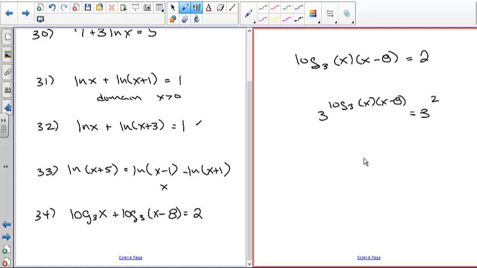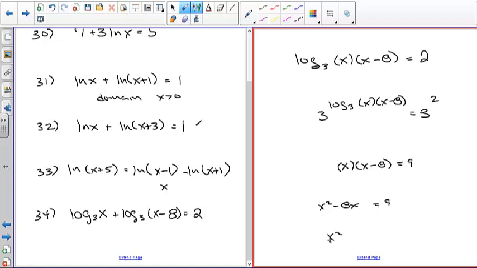So these become the exponents. The base of the exponent has to be the same as the base of the logarithm. So 3 to log base 3 of this product is just the product. And 3 squared is 9. So we multiply that out, we get x squared minus 8x is equal to 9.